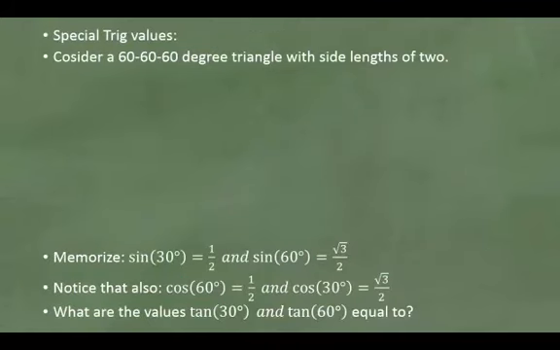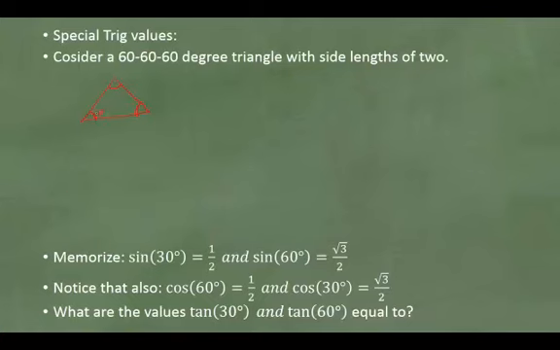Special trig values. These are triangles that you should have memorized. If we consider a 60-60-60 triangle, in other words, a triangle where the angles are the same, so we have the same one dashed line there to represent that the angles are the same.